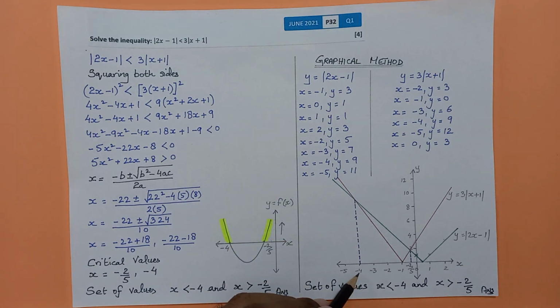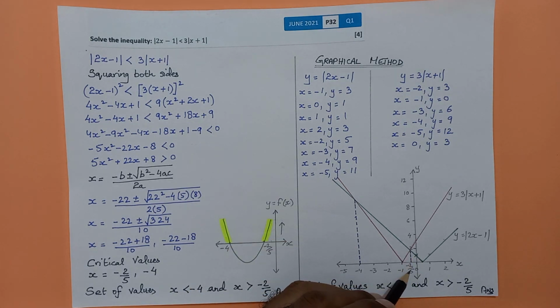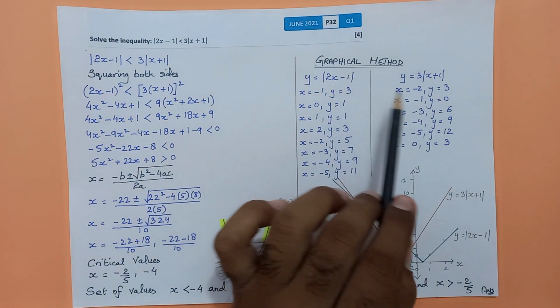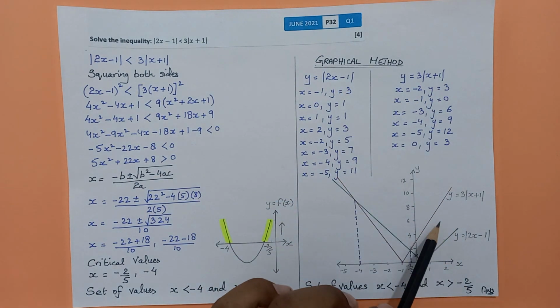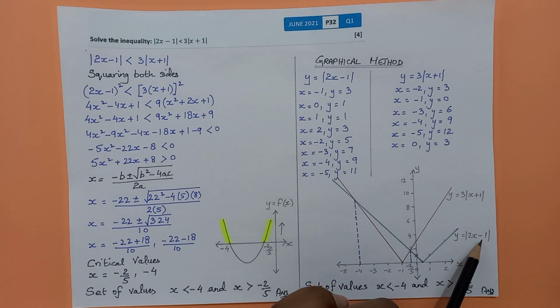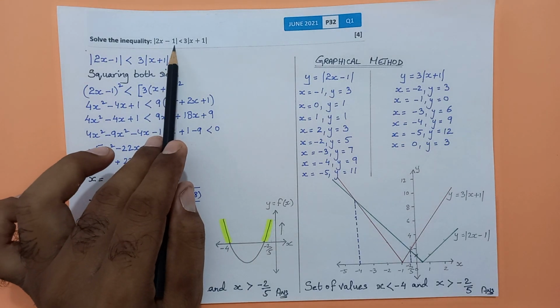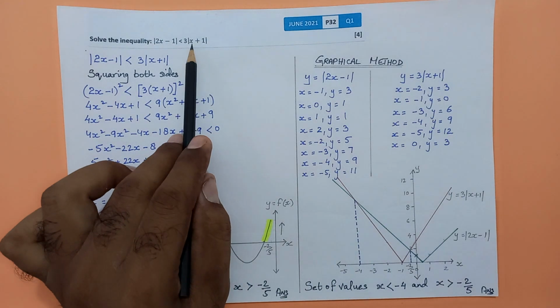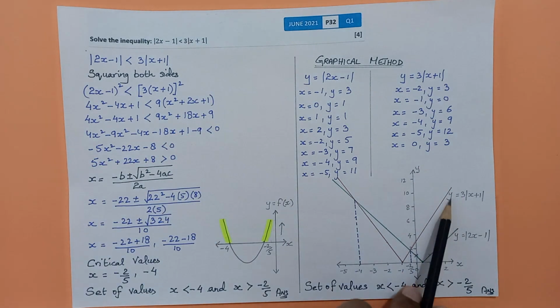Now to observe the given two linear modulus equations, I have used two different colors to represent the graphs. The first one, which is the modulus of 2x minus 1, is represented by green, and the second equation, which is 3 multiplied by the modulus of x plus 1, is represented by red.